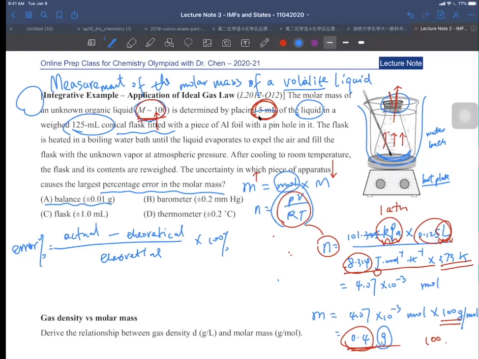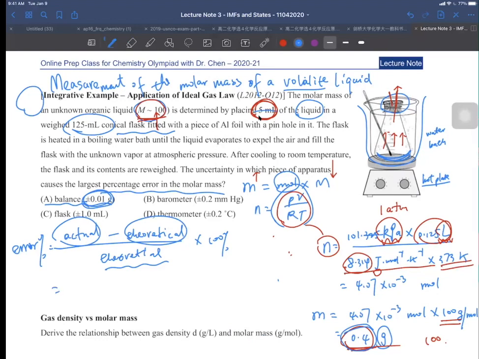So if this is the case, guys, have a look. If the balance is the top loading one, which means it can only measure to 0.01 gram, the difference between the measured value and the theoretical value from the balance will be plus and minus 0.01. But the theoretical one is around 0.4. So this is why we need to calculate 0.01 over 0.4.